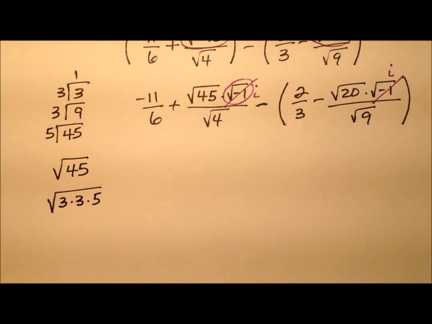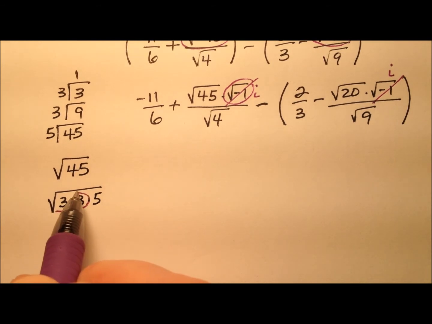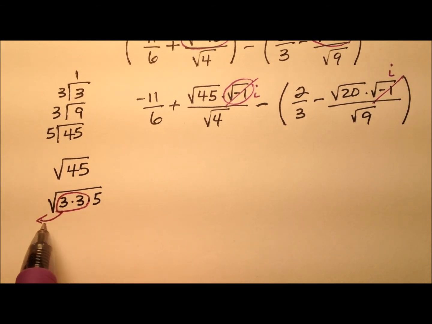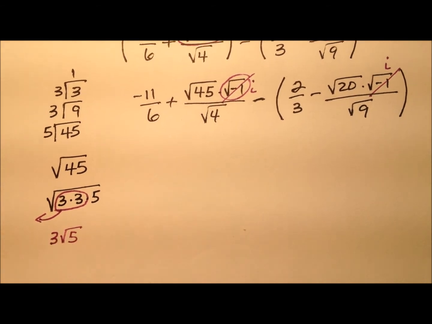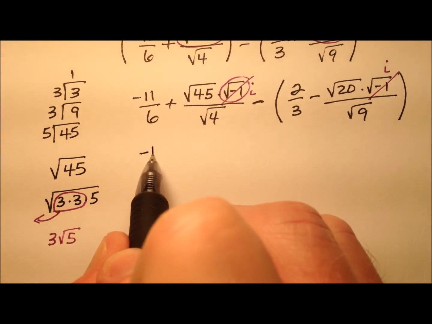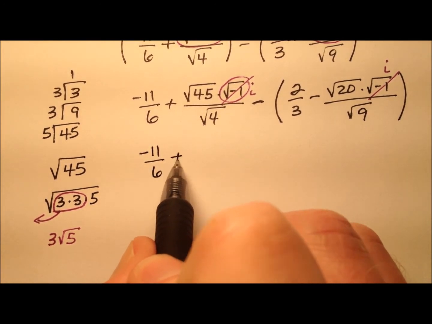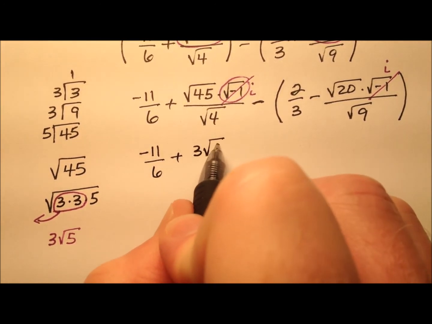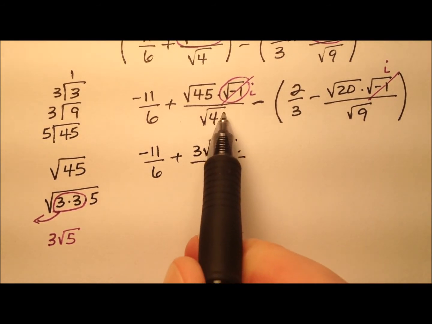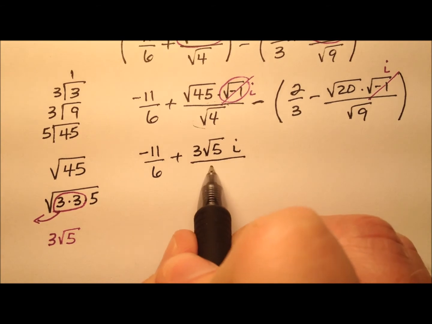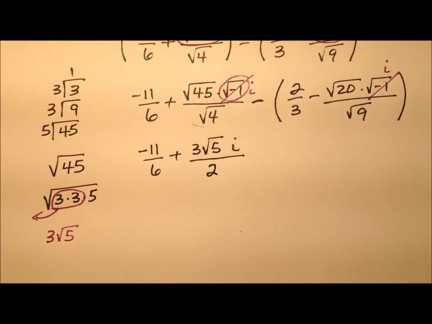And then of course I have a pair of 3's, and 3 times 3 is 9, so that's a perfect square. So that'll end up being 3 radical 5. So let's rewrite this now. So negative 11 over 6 plus 3 radical 5 i all over, and this isn't too bad because the square root of 4 is just going to be 2.